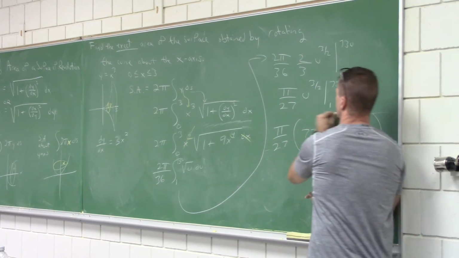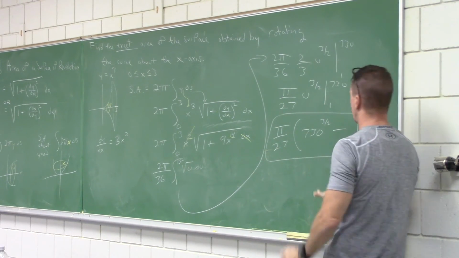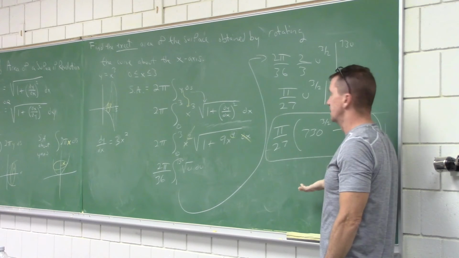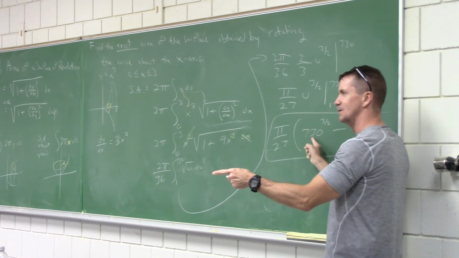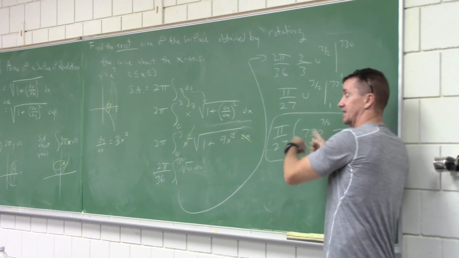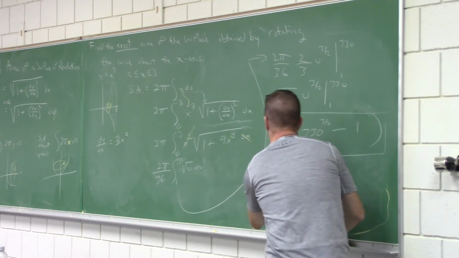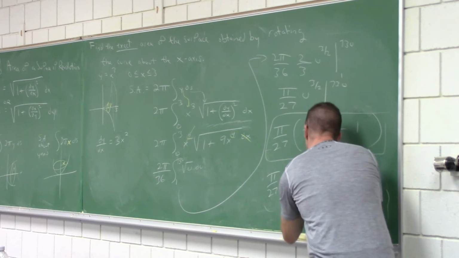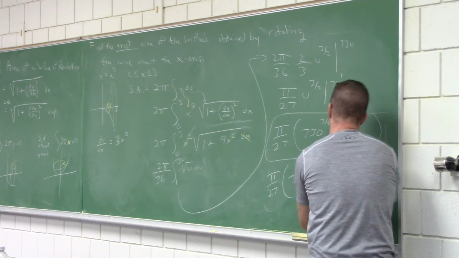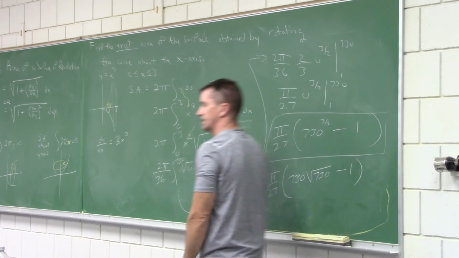This is fine. Write it like that on an exam. That's great. How does Bob write it? Root 730 there, if you like that. I should do that, just in case someone in here likes that. I just think that takes less writing.